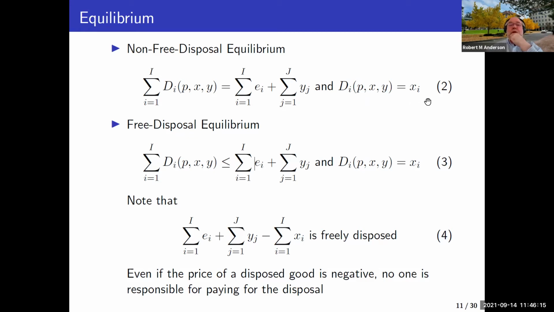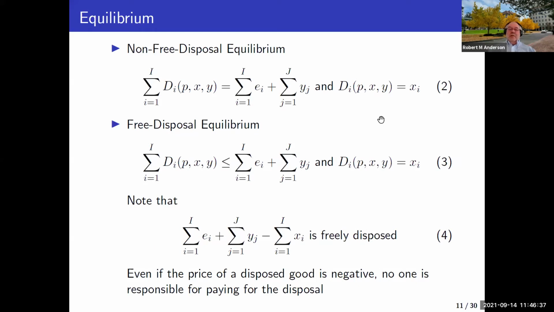And moreover, X specifies an allocation where every agent I is in his or her demand set given the price P and the consumptions of the other agents and the productions of the firms.